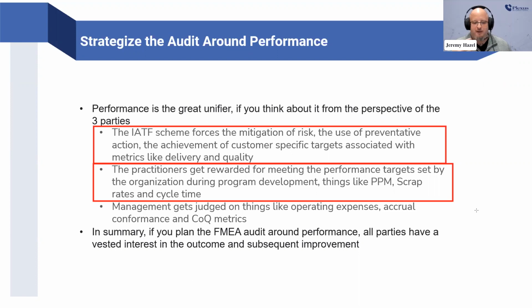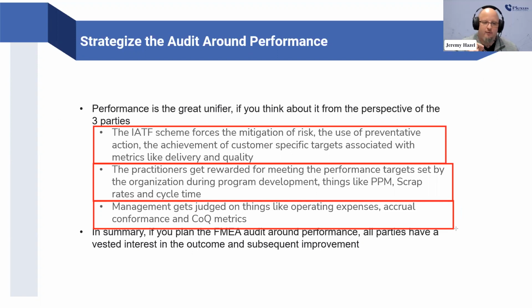So things like ppm, scrap rates, cycle time on the process side, things like accrual ratings, warranty performance from the design side. And lastly, management gets judged on things like expenses, revenue, accrual rates that they put into accounts. So management is still based around performance.